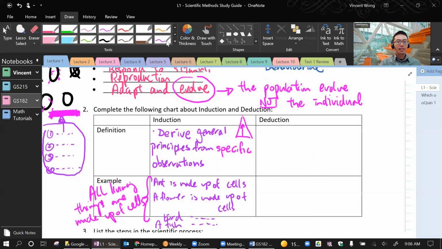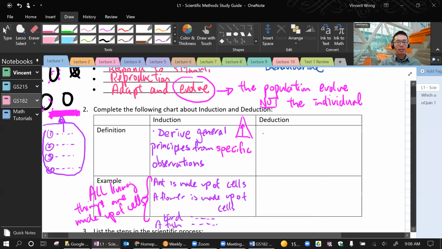Deduction is the other way around. Okay, so this one, the reasoning flows from general to specific.